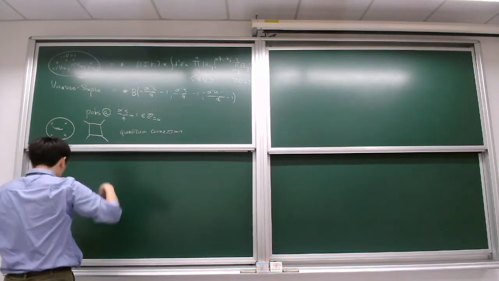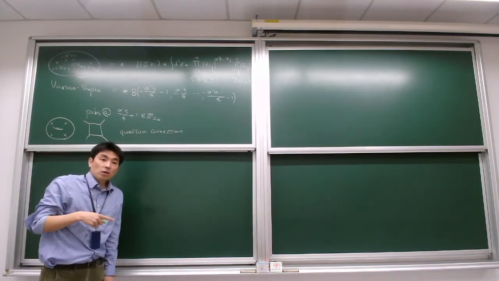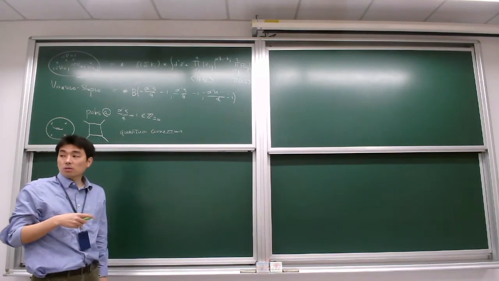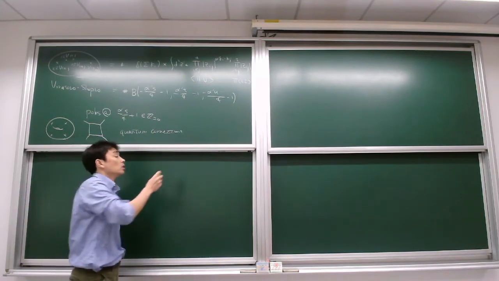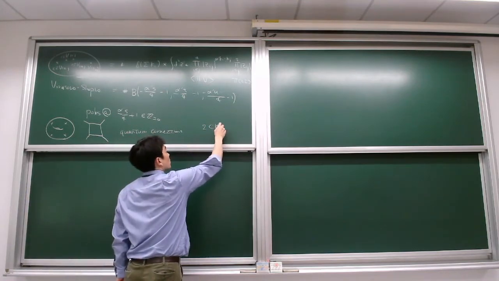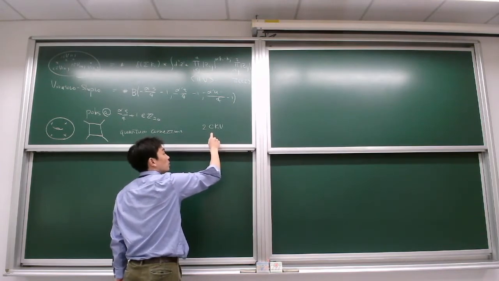Okay, so again, what is the dimension of the conformal Killing group of the torus? 2. Two conformal Killing vectors. And what is the dimension of the moduli space of the Riemann surface, the metric moduli? 2.